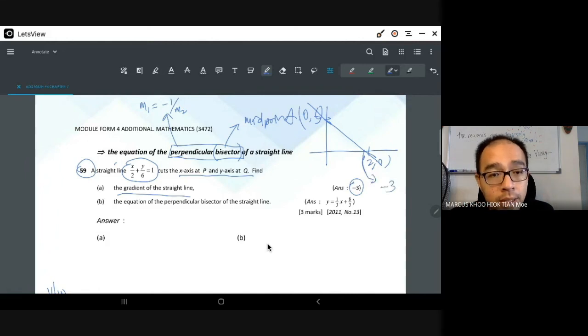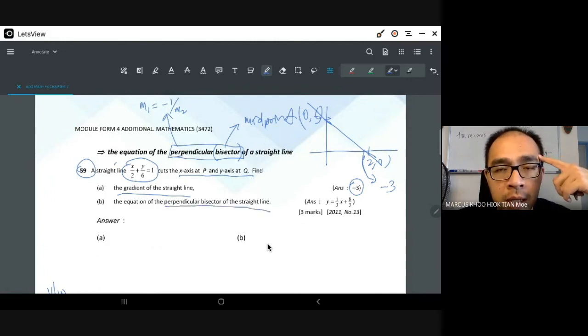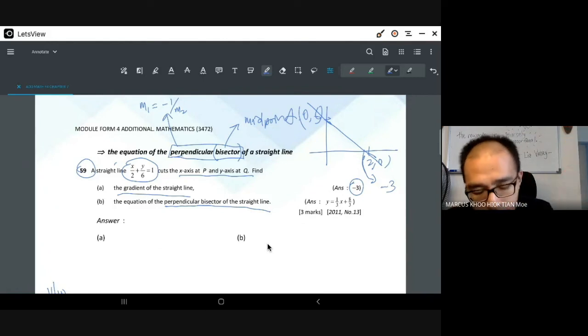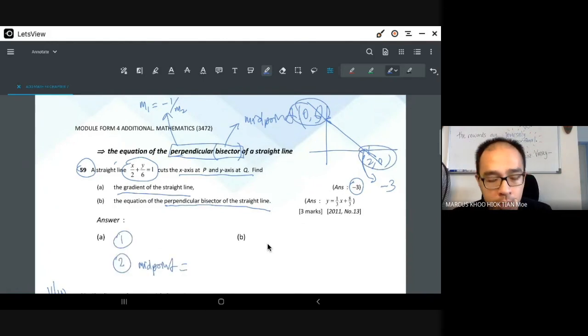But now they ask for the equation of the perpendicular bisector of the straight line. So whenever you hear the words perpendicular bisector, you need to know the point you want to find is the midpoint. Can anybody tell me the midpoint of this? The midpoint is (1, 3): 0 plus 2 divided by 2, 6 plus 0 divided by 2. Now, how about the gradient that we want to substitute in?